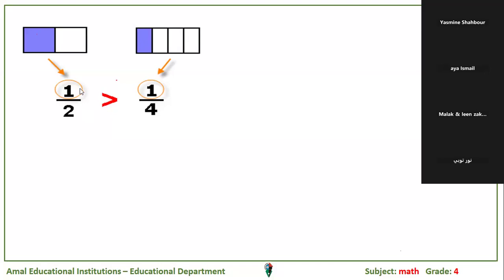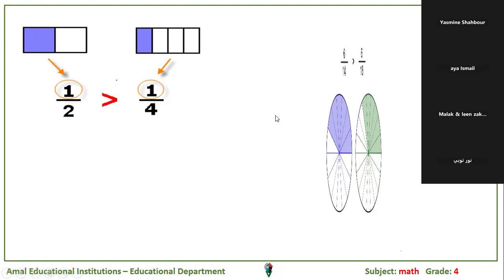So with the same numerators, the smaller denominator gives the bigger fraction, true? So the bigger fraction is the one having the smaller denominator. Choose the smaller denominator 2, and the fraction 1/2 will be the bigger.